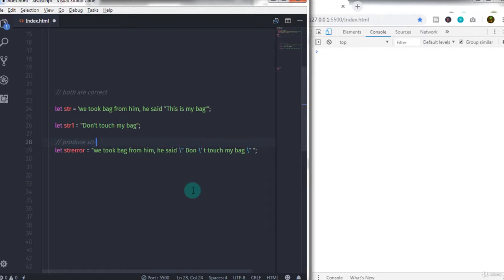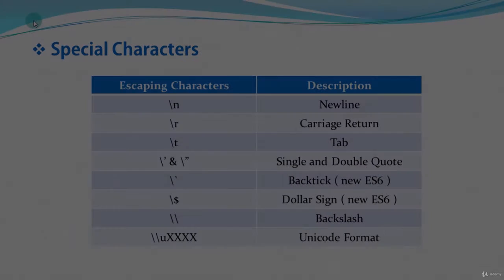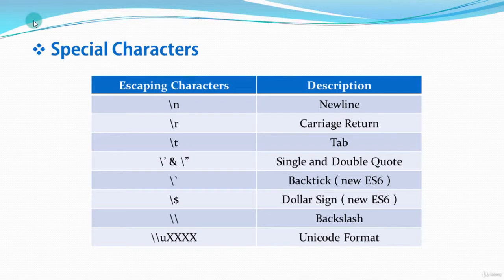The backslash is not only used for the quotation mark, but it can also be used for non-printable characters. Following are the string literals commonly used for special characters. Backslash n is used to display text in a new line, backslash r is used for carriage return, backslash t for tab, backslash single quote is for single quote, backslash double quote is for double quotes, and backslash backtick is used for backtick.